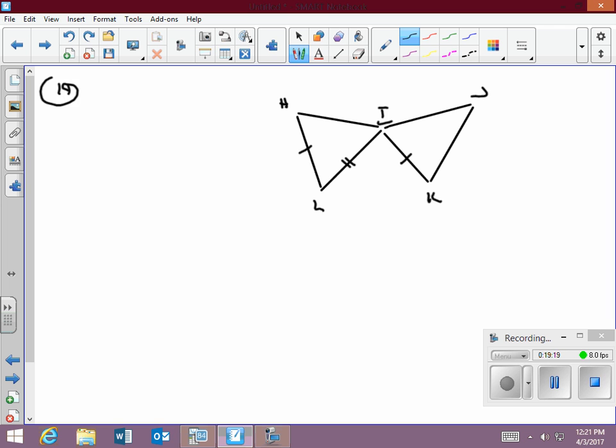This one is congruent to this one. And this angle right here is congruent to this angle.